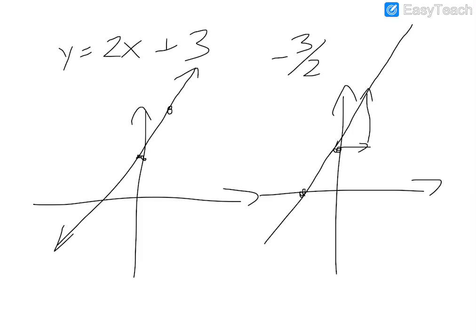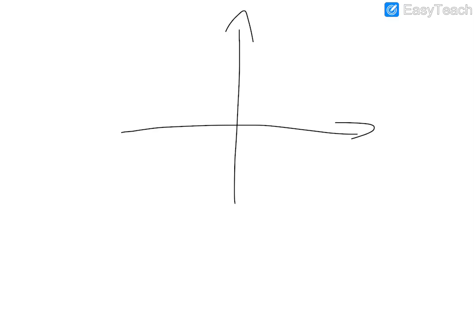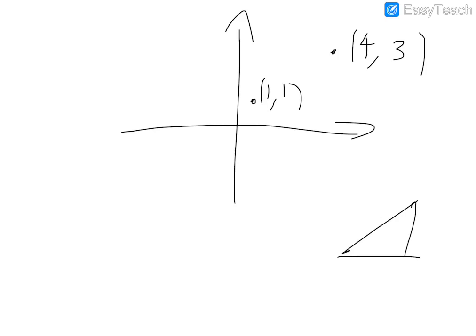Now, next thing, distance formulas. Now, if you have 2 points, let's say this is 1, 1, and this is, I don't know, 4, 3. Now, basically just Pythagoras. So to get this, you have to go to the right by 3 units, and then you have to go up by 2 units.